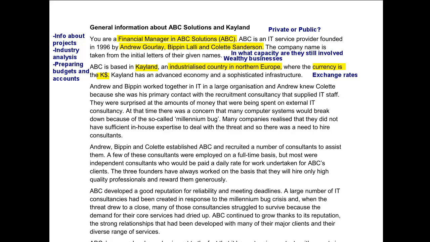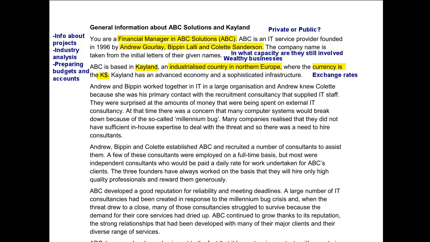If they are an international organisation, we have to think about the value of the K dollar. If, for example, ABC is trading with a company in Asia or in North America where the exchange rate is particularly strong against the Caland dollar, then ABC have to think about how that can impact upon their business.